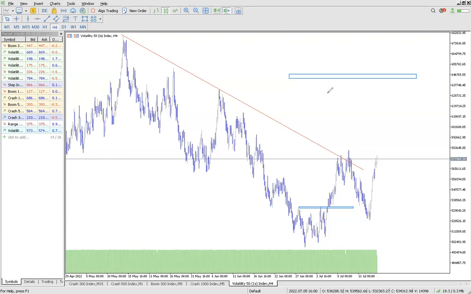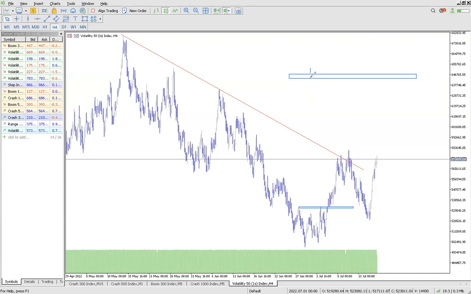What you do now is, based on your candlestick patterns, I usually like working with morning stars, evening stars, bullish engulfing, piercing, and everything.